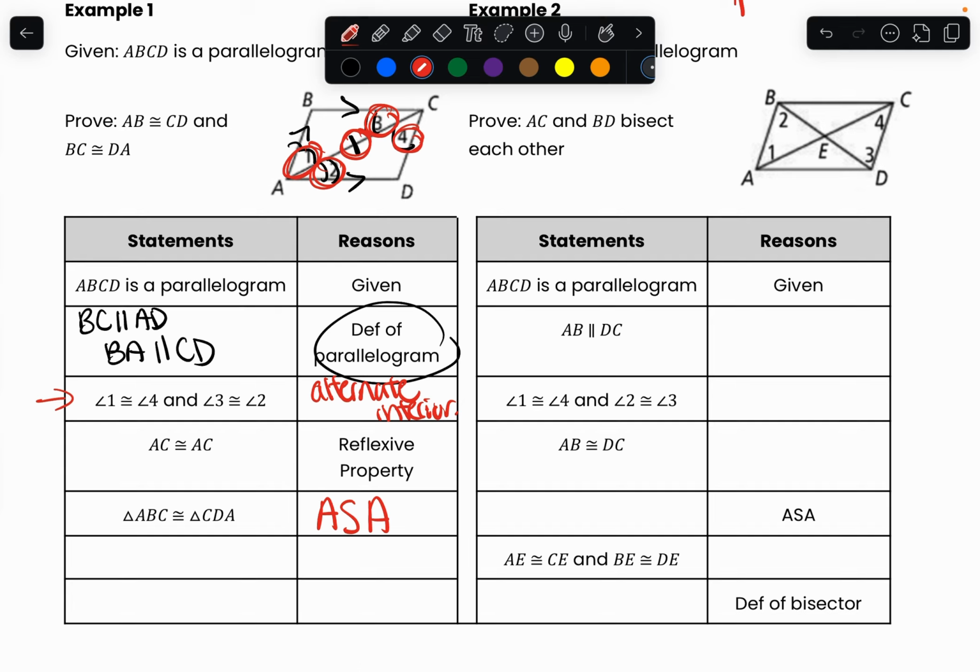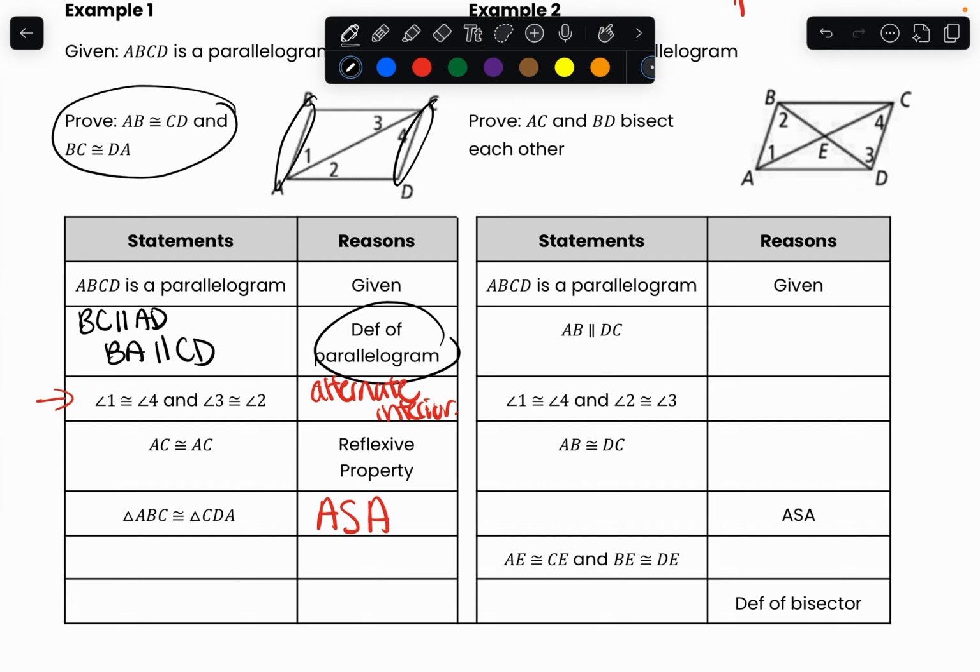Okay, let's go ahead and erase this. Now, once we know it's angle, side, angle, let's see how we can use this to prove the following. We're trying to prove that AB is congruent to CD. We already proved in the first step that these two triangles are congruent.